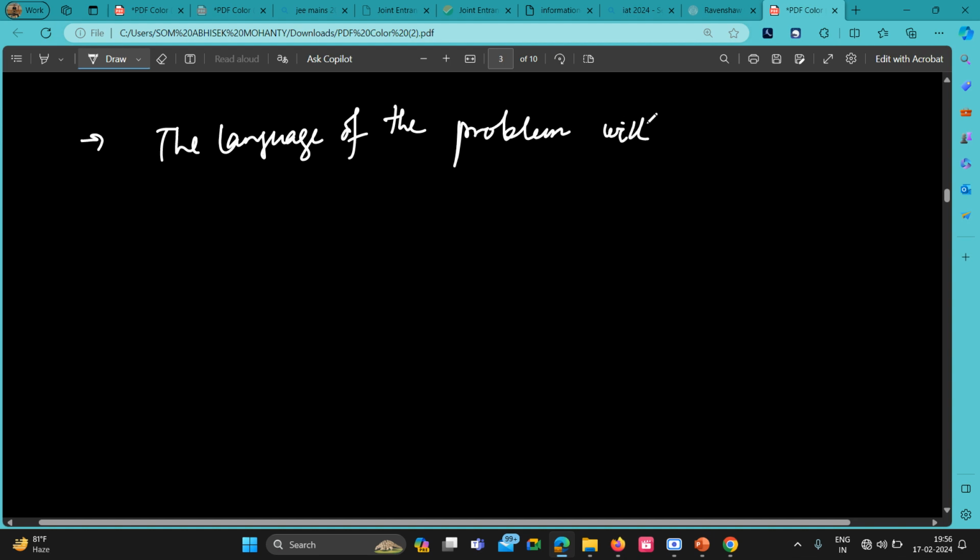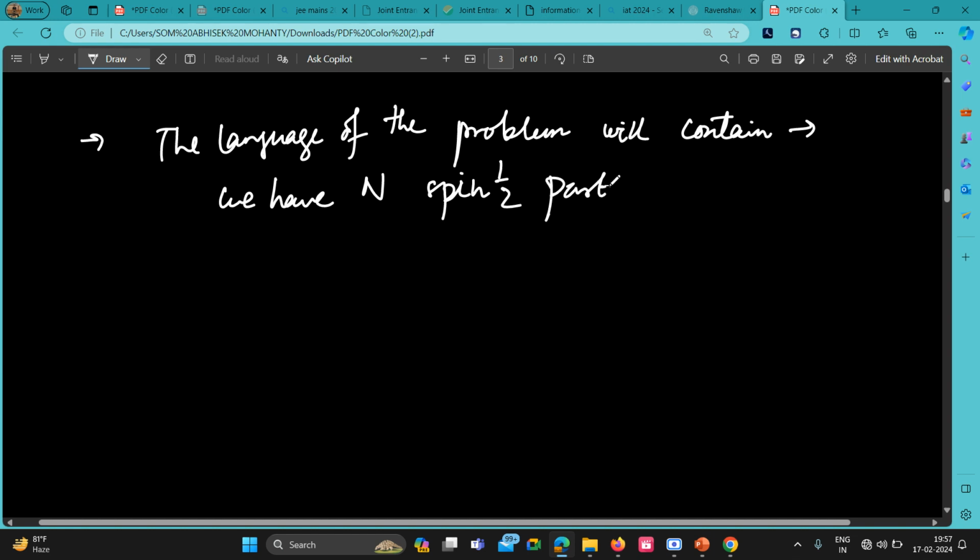Okay, how will the questions come from this part? How will the language of the problem be? It will contain: we have spin half particles in magnetic field, and j is equal to half case.